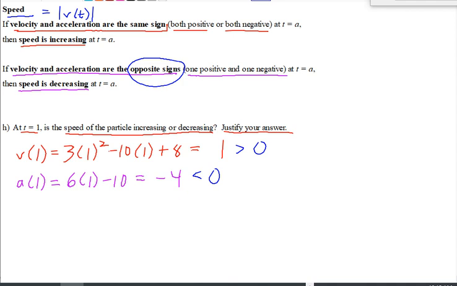So we can say at t equals 1, the speed of the particle is decreasing.